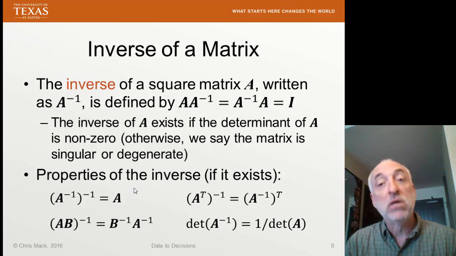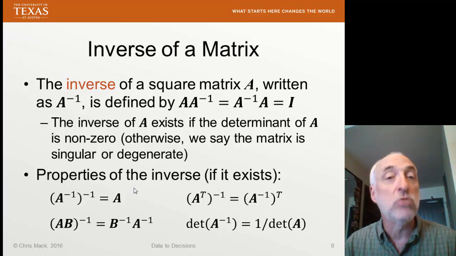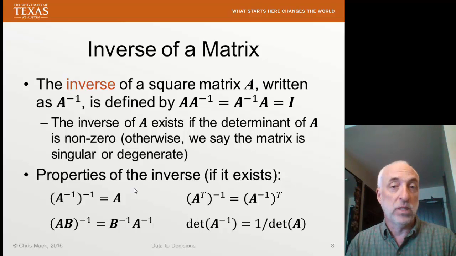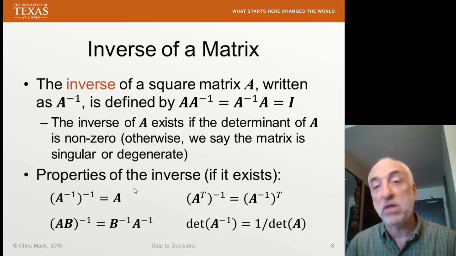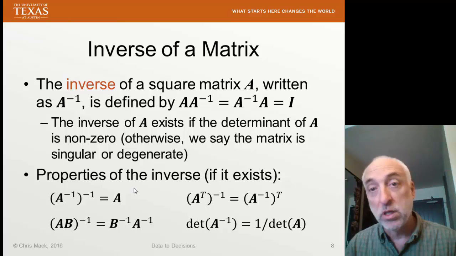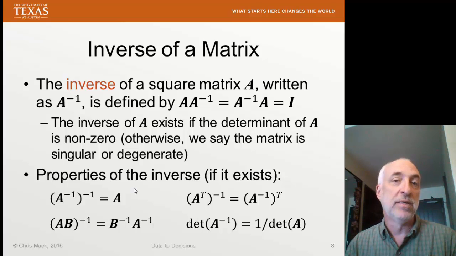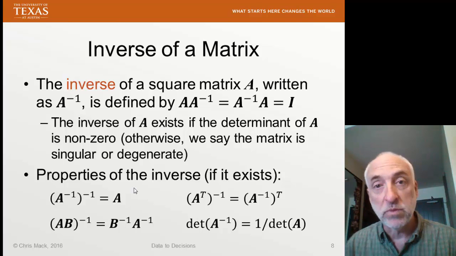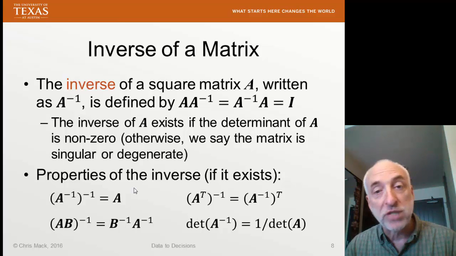And that's the case in terms of regression. It means there's no unique solution. There's more than one solution for a best fit set of parameters. So more than one set of parameters will produce the same minimum sum of square errors, for example. That's what happens when an inverse doesn't exist.